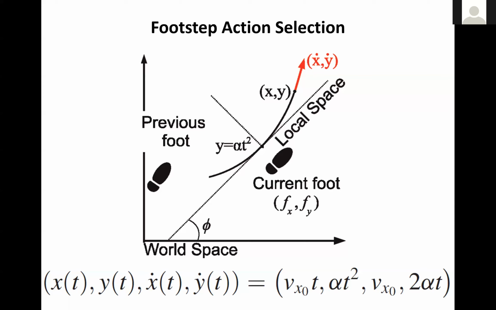We're dropping the third order term of the hyperbola and simply looking at it as a parabolic equation. I won't go into too many details here, but essentially we can use this parabola, defined using this equation right here, where you see the x term and the y term separately. We can use this to estimate the movement of the center of mass of a biped over the course of a single footstep.